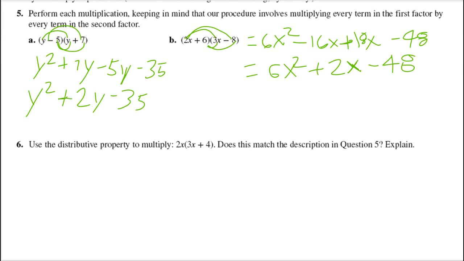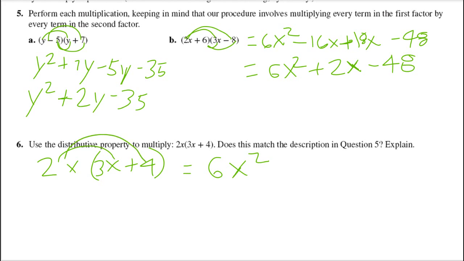So question 6, 2x times 3x plus 4. Take 2x times 3x. Once again, that gives me 6x squared. Then I take 2x times 4, plus 8x.